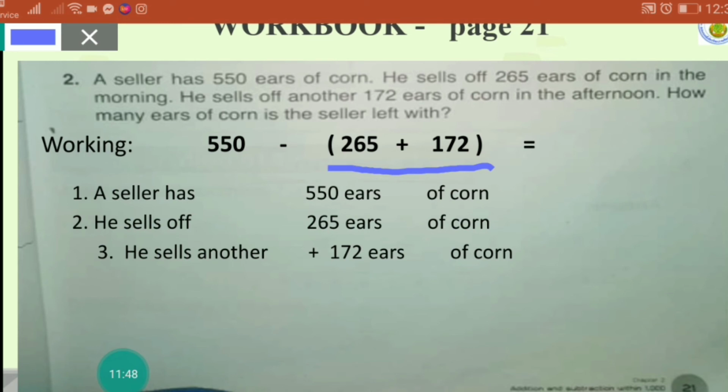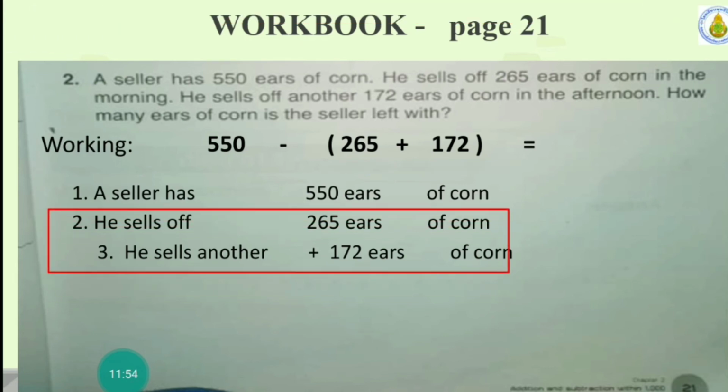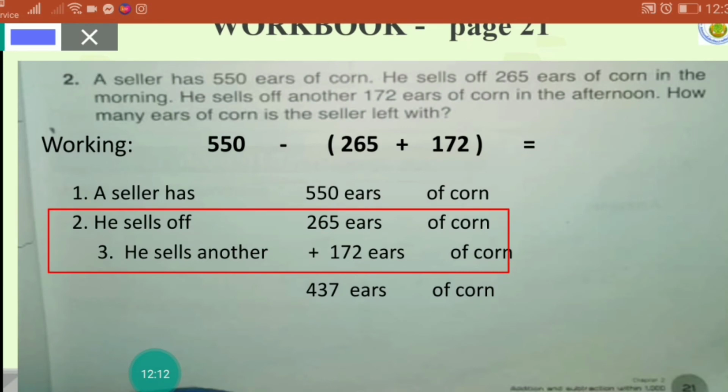So we're going to solve that one first. Okay, so let's add 265 plus 172 is equal to 437 ears of corn.